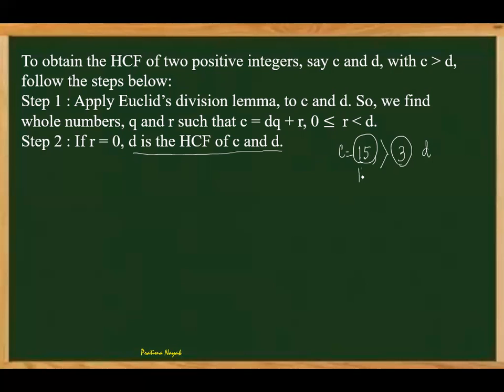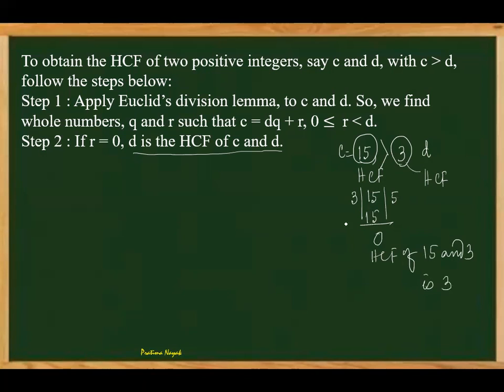I will find the HCF of these two. I'll divide 15 by 3. I'm getting 3 fives are 15 and remainder is 0. Whenever I get remainder 0, d is your HCF. So HCF of 15 and 3 is 3.